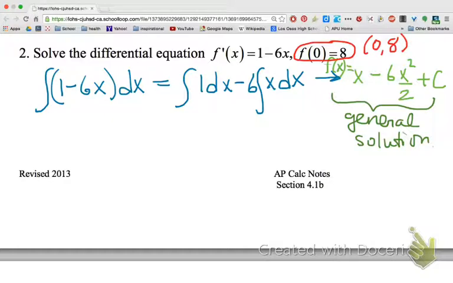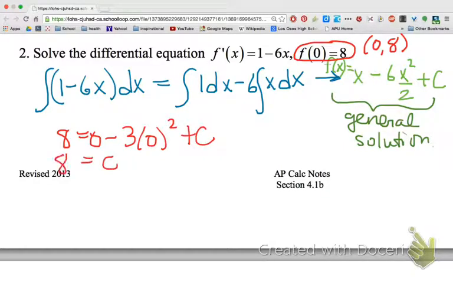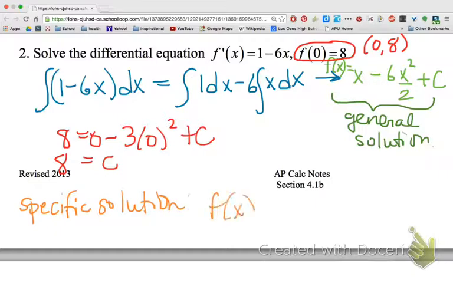So that means I can plug in and I'll have 8 equals 0 minus 3 times 0 squared plus c, which tells me c is 8. And so that means I can write the specific solution, which is f of x equals, I'm going to put this in front since it is the leading term, negative 3x squared plus x plus 8.